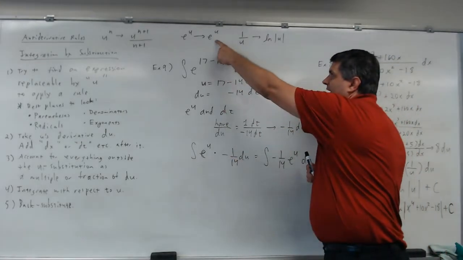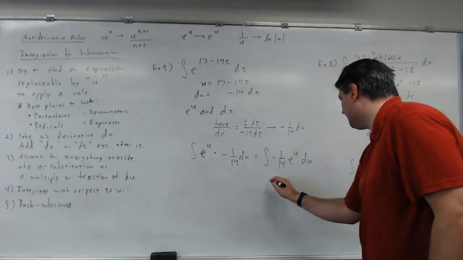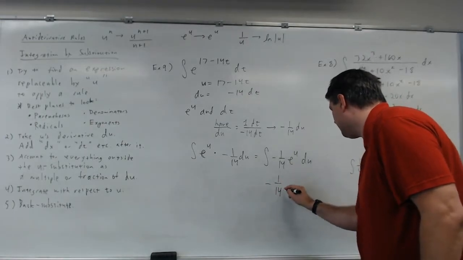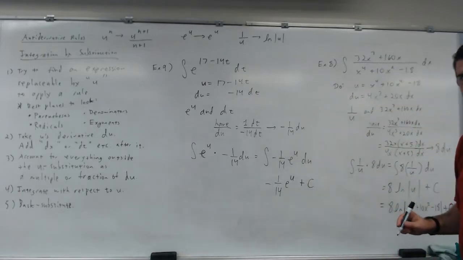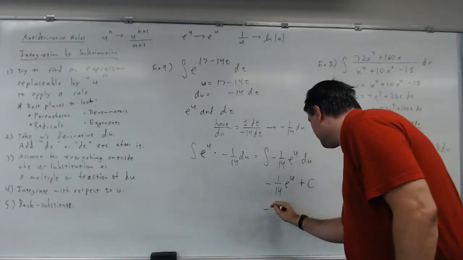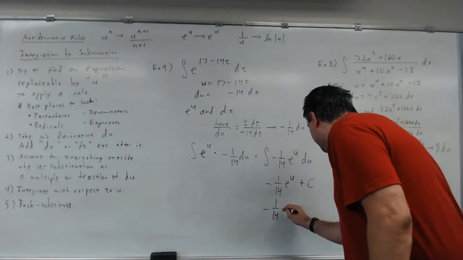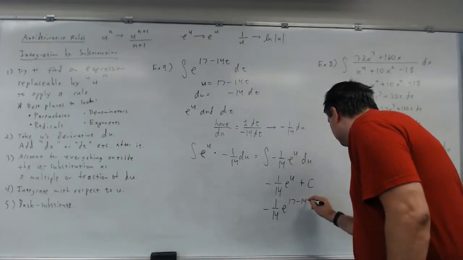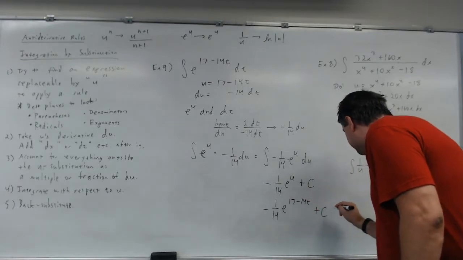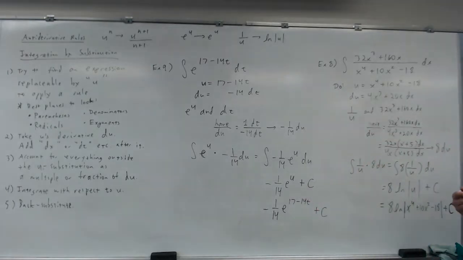The antiderivative of e to the u would be e to the u. So I simply have negative 1/14 e to the u, and then I'm going to need my plus c again. And now I'm going to back substitute. Negative 1/14 e to the 17 minus 14t, and then plus c. All right.